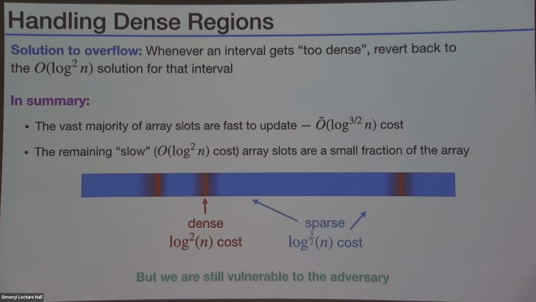If the adversary knows where these dense spots are, they can just keep on inserting into there over and over again, and the final solution will turn out to be log squared n, and we haven't made any progress whatsoever. So now what we need to figure out is how to hide these dense regions from the adversary.